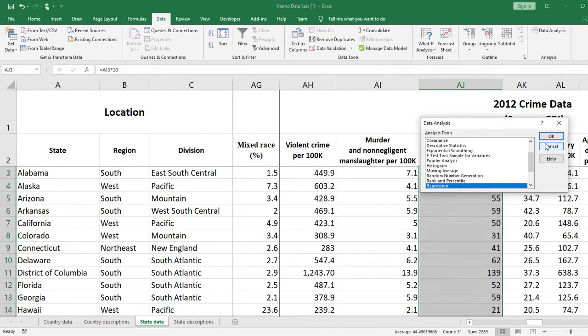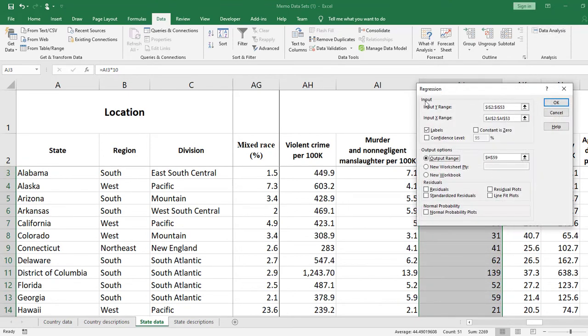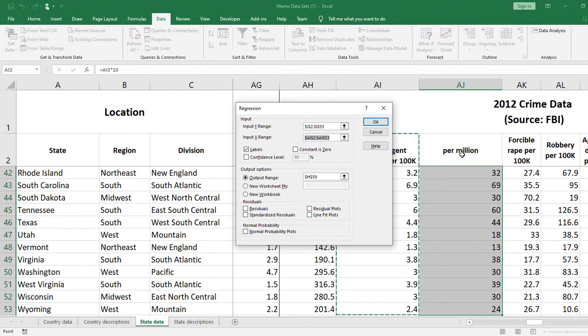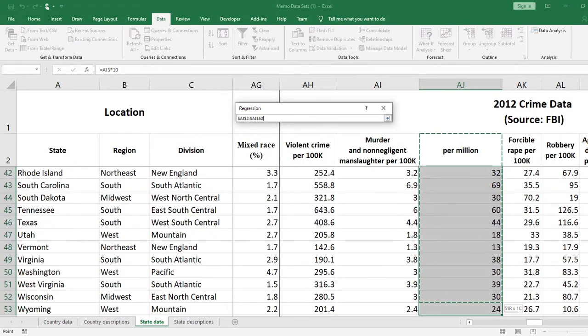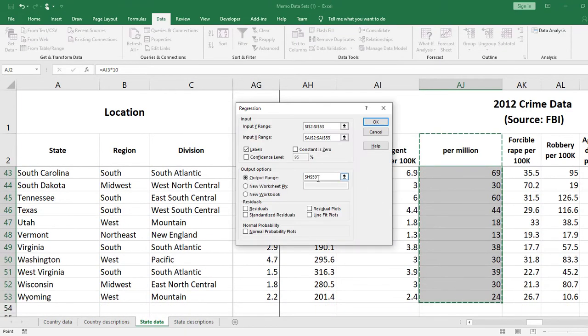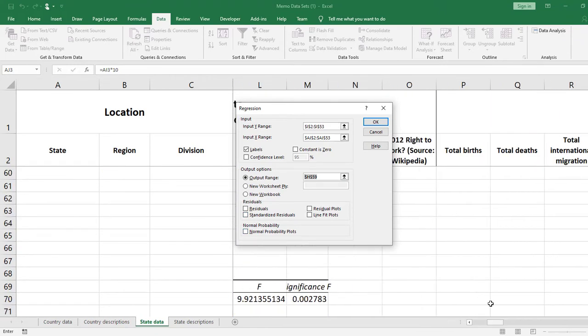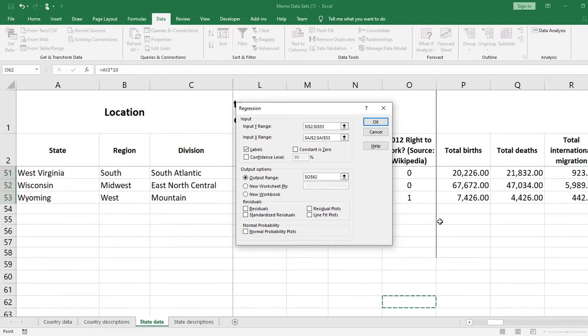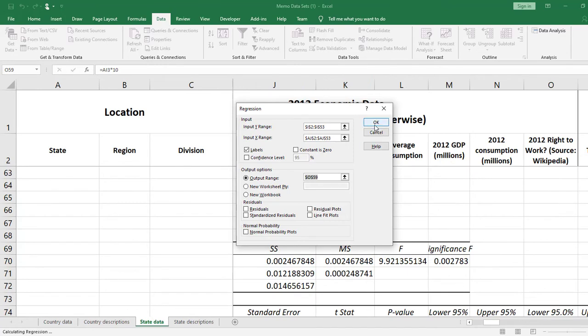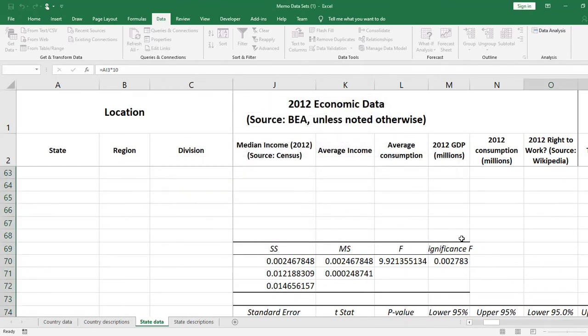Data analysis, regression. Same story, except now it's over here. And I want to compare the result. So I'm going to throw it all the way over here. Oh, that's okay if we overwrite a little bit of that. Who cares about that?